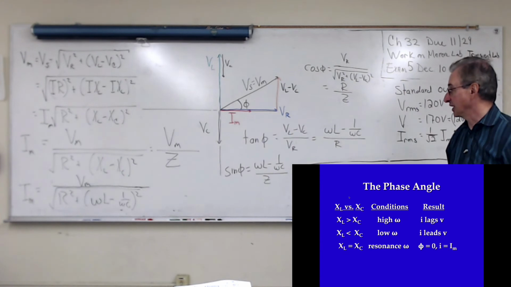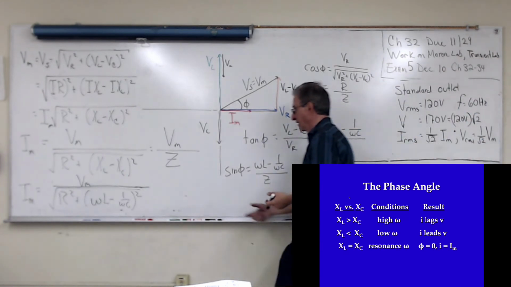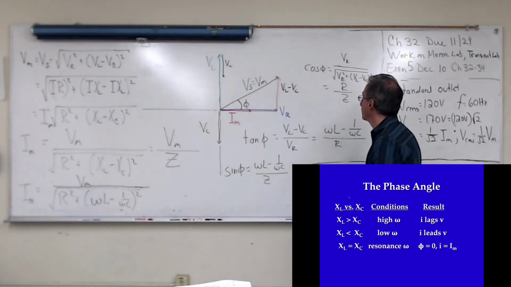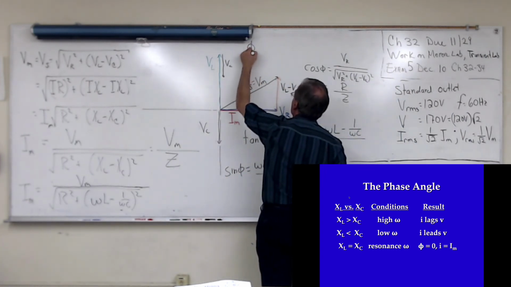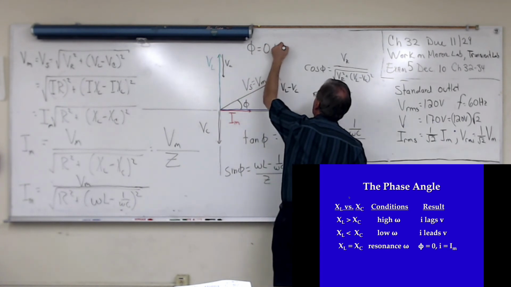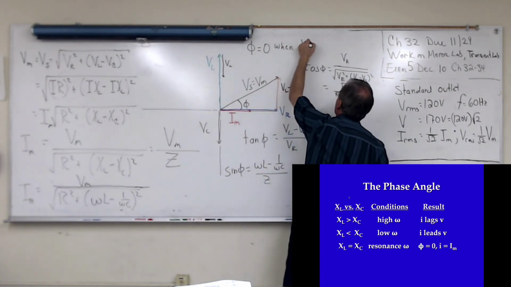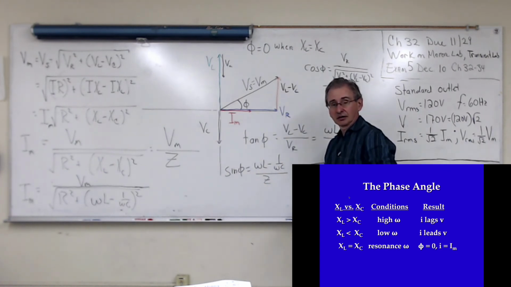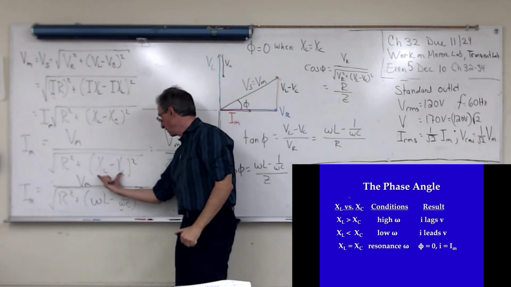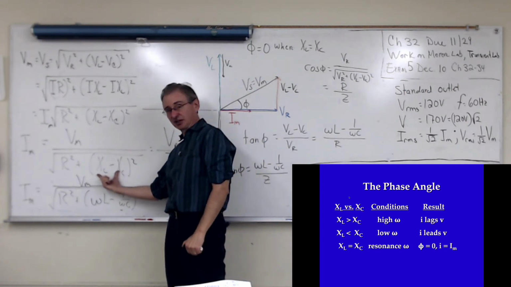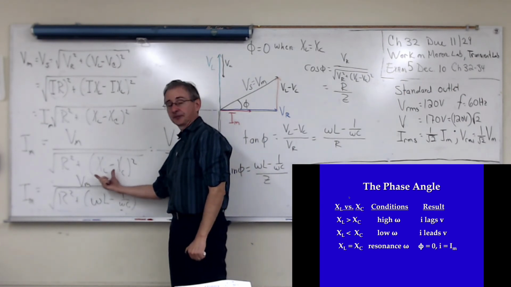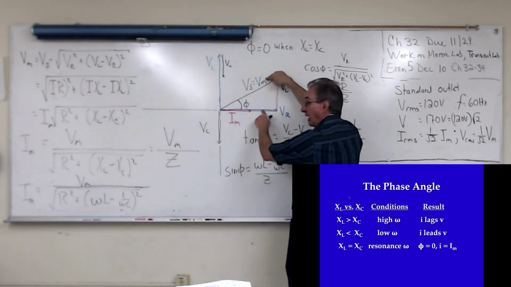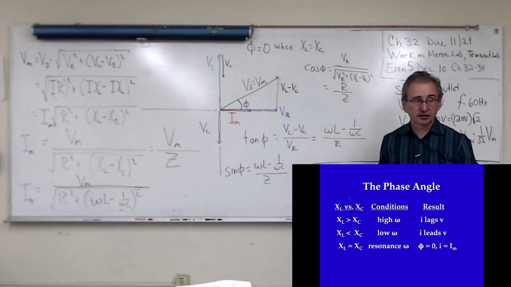There is a frequency at which these two are equal, and the phase angle is 0. And so this guy and this guy are in phase when that happens.